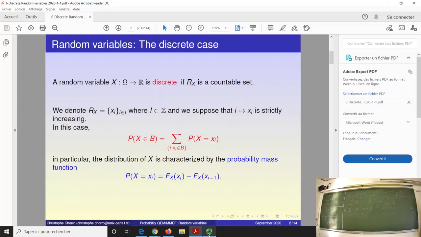Is it clear? So, in the discrete case, if you have understood what I have said, if I want to know the distribution of a random variable, it is necessary and sufficient to know these probabilities, and that's why in the slide I give a name to these quantities here.